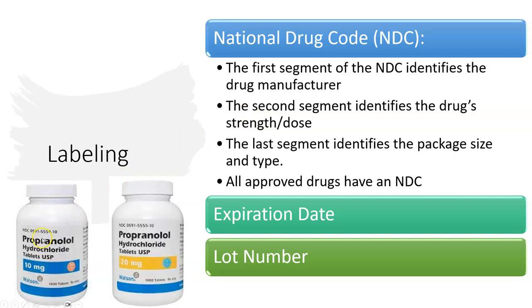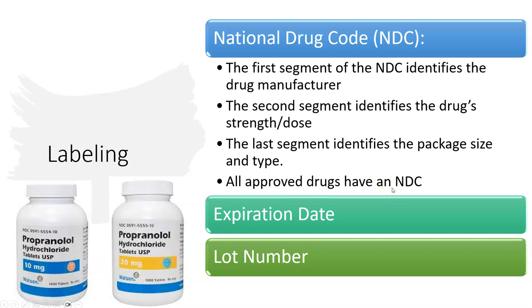The 10 milligram is 5554, but the 20 milligram is 5555. When this gets plugged into a computer, it would identify the correct drug. And then the last segment is the packaging. For Watson, 10 means that it's a 1,000 count tablet bottle. All drugs that are approved have an NDC number.